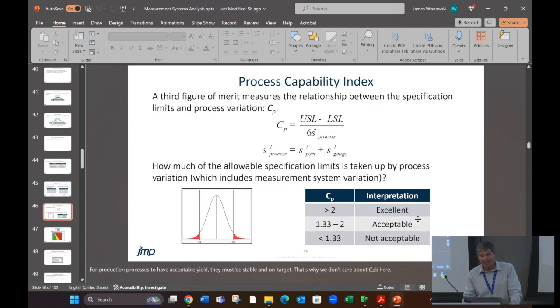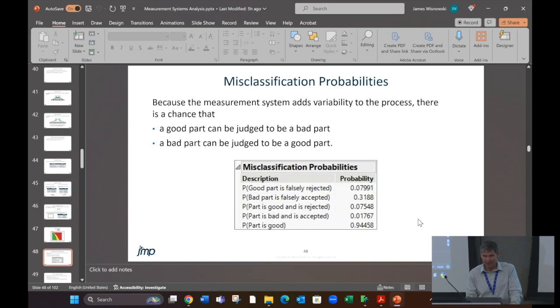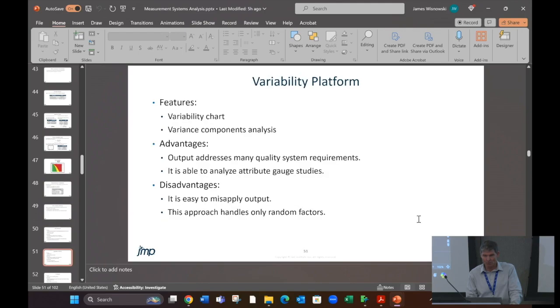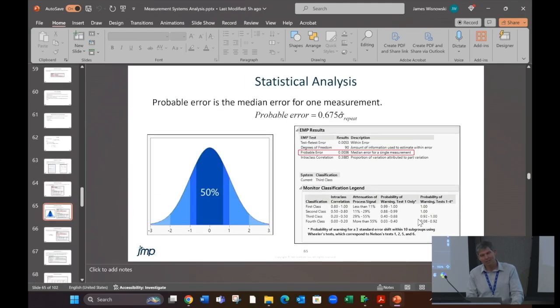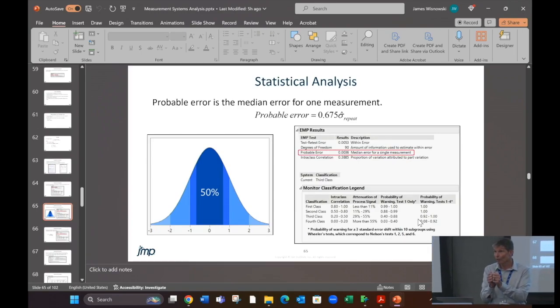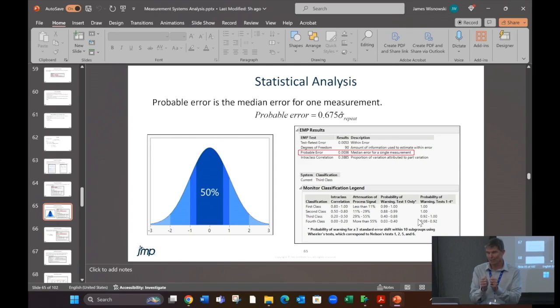If you're fourth class, then you probably need to work on that measurement system. And there are ways that you can, let me see if I can show real quick. The bottom line is you can tell whether or not your system is correct in terms of its precision.